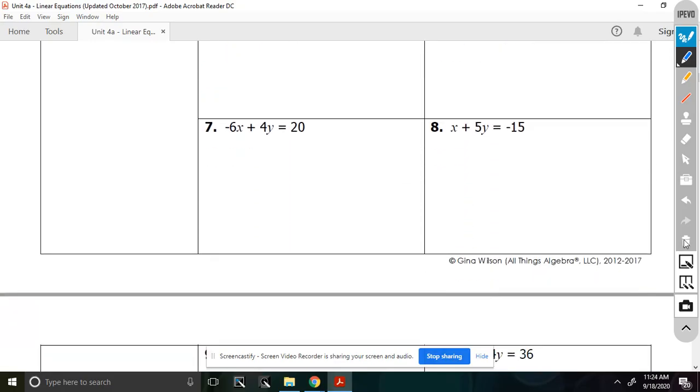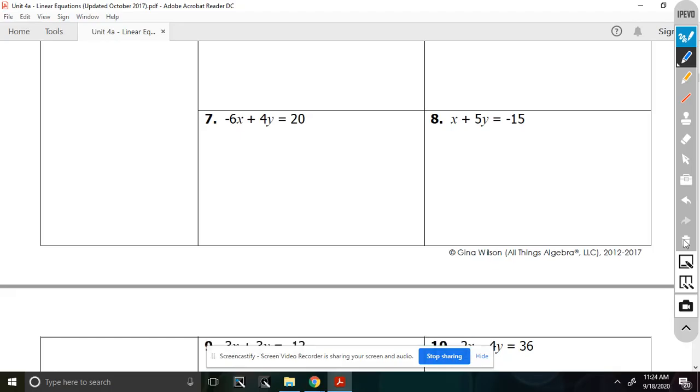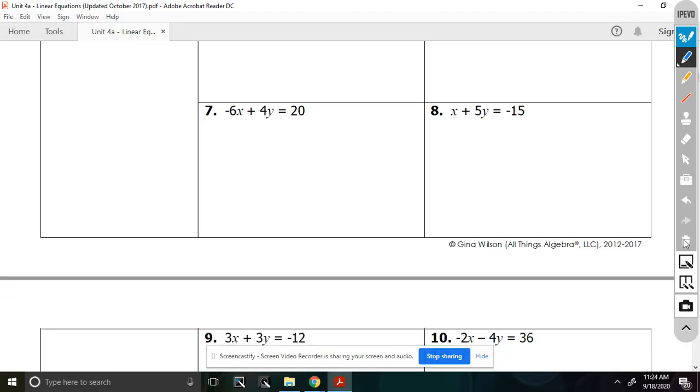All right, let's look and see. We have 7 and 8 to do real quick. So in order to do 7, I'm going to get rid of this negative 6x, and in order to get rid of negative 6x, I'm going to add 6x to both sides, giving me 4y is equal to 6x plus 20.